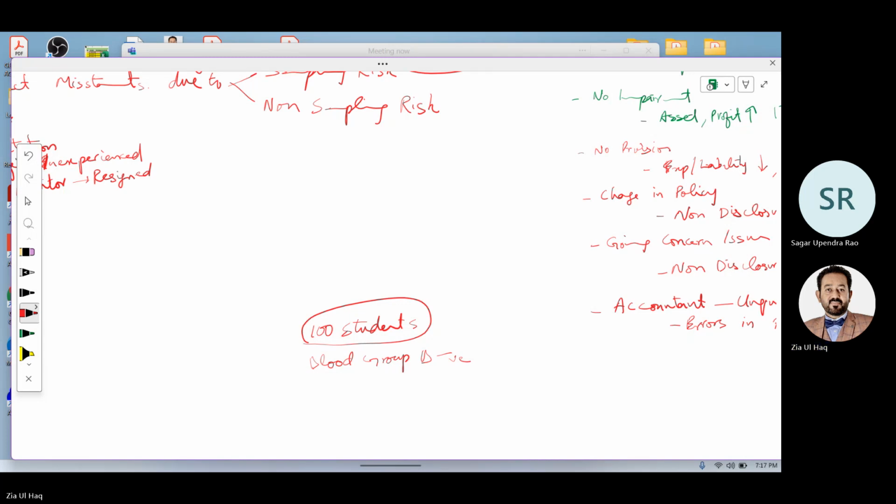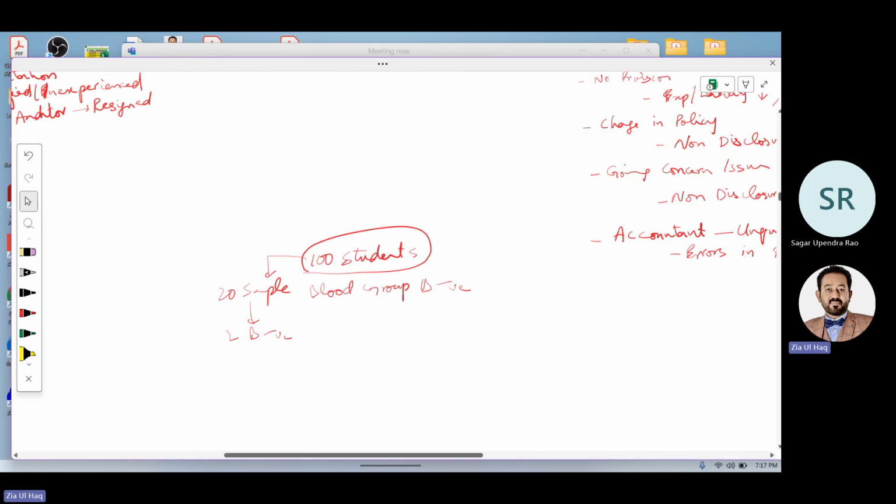Suppose we have tested the blood of 20 students. Out of 20, we found 2 students have blood group B negative. 2 out of 20, 10% of students have blood group B negative.